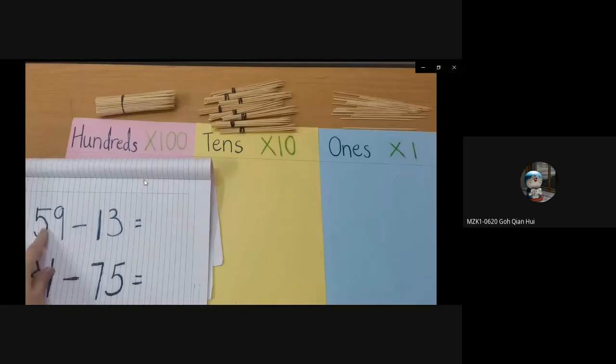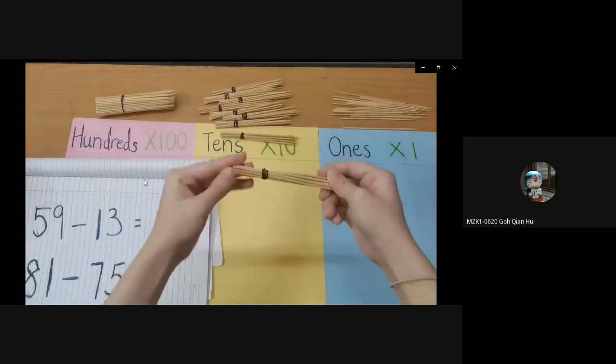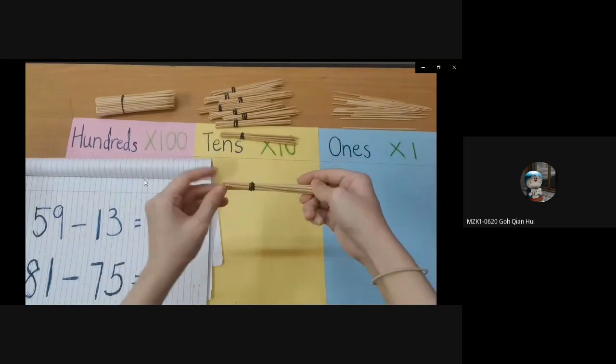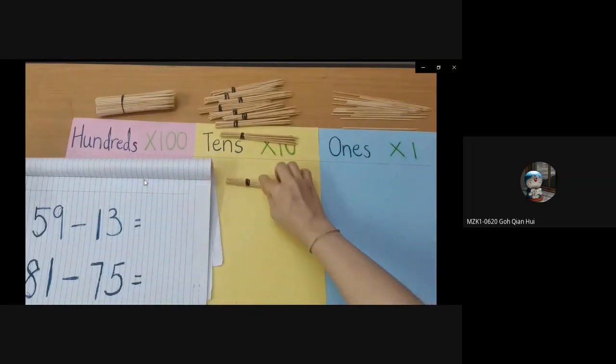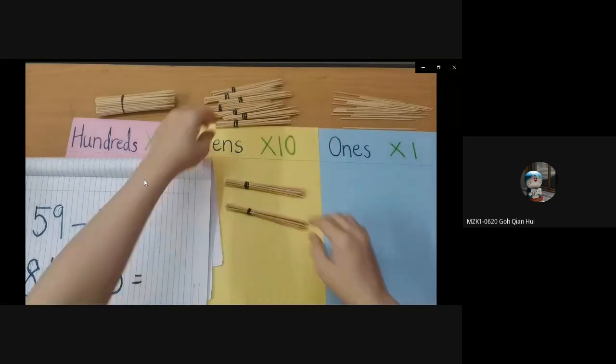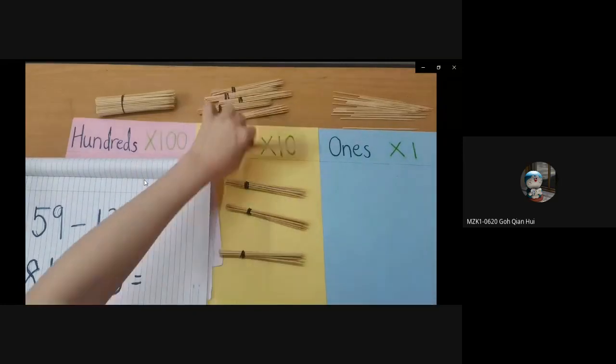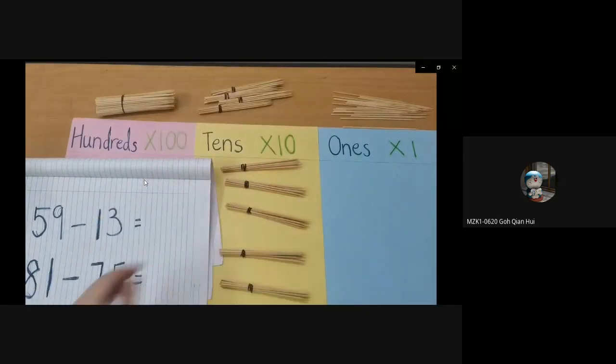I will take this question as example 1. For question 1, 59 minus 13. So I will tell the student this 5 here means 50. So they have to take 5 bunches of wooden sticks and place here. 1, 2, 3, 4, 5.